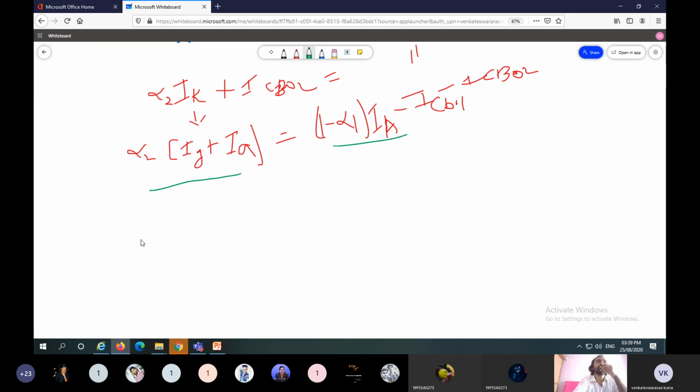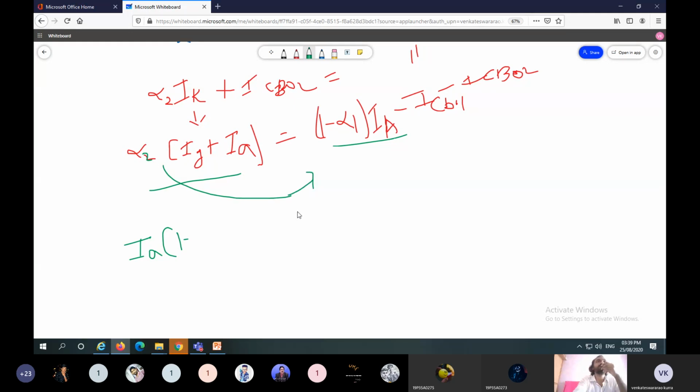If you take IA common, then the equation becomes IA into, take this term alpha 2 IA to right side.